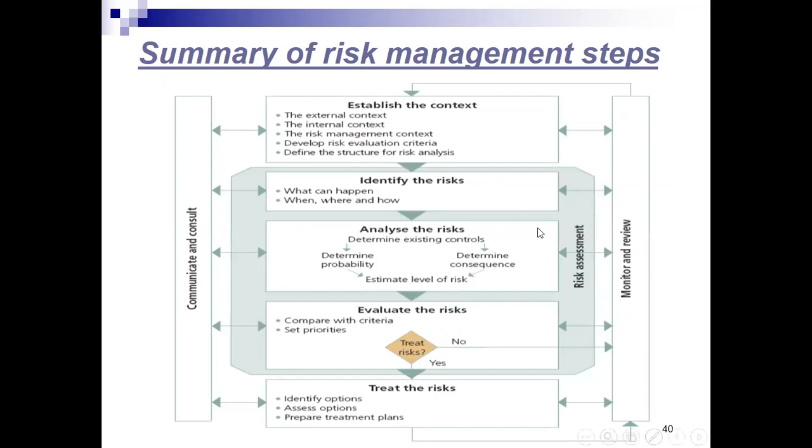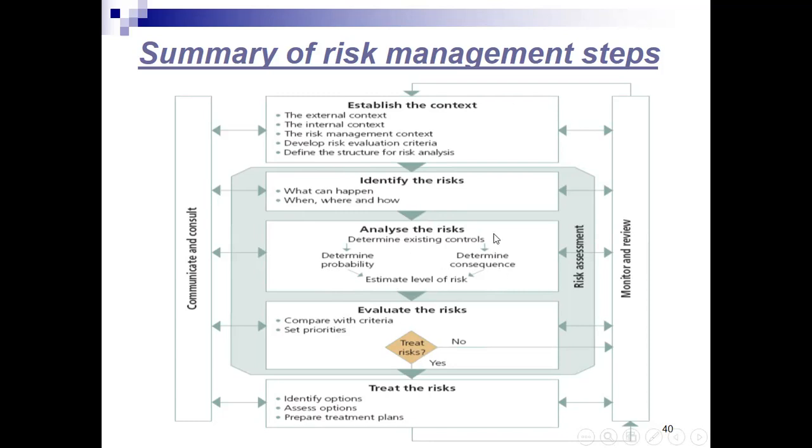Then for risk assessment, we identify, analyze, and evaluate the risks. For identify the risk, these are the questions which we have mentioned a while ago. For analyze the risk, though, which is not shown directly and straightforwardly on the slides, we determine the existing controls, determine the probability or chance, and estimate the level of risk. So that's going to be connected also with determining the consequence from determining existing controls.